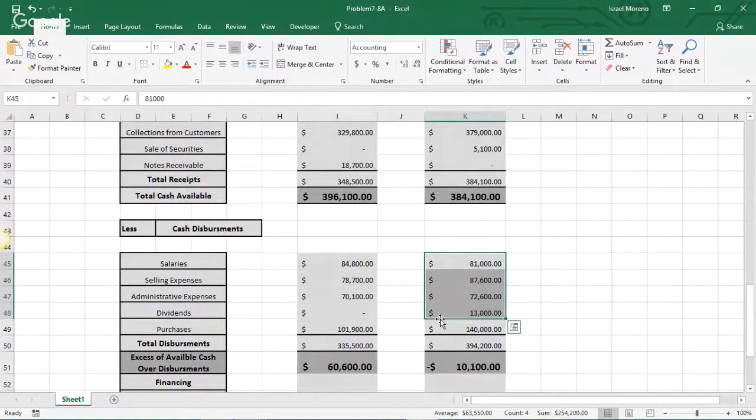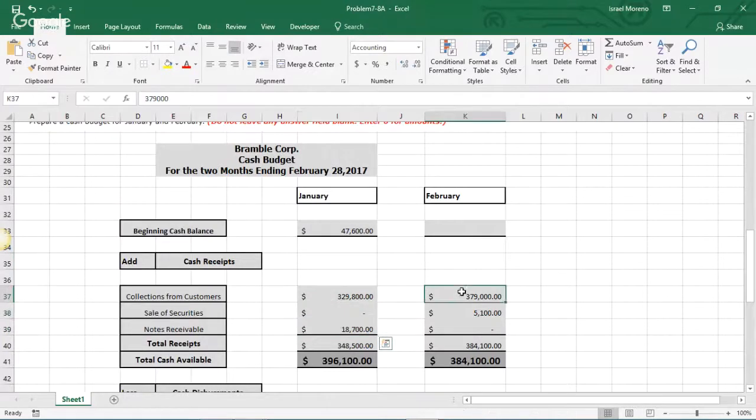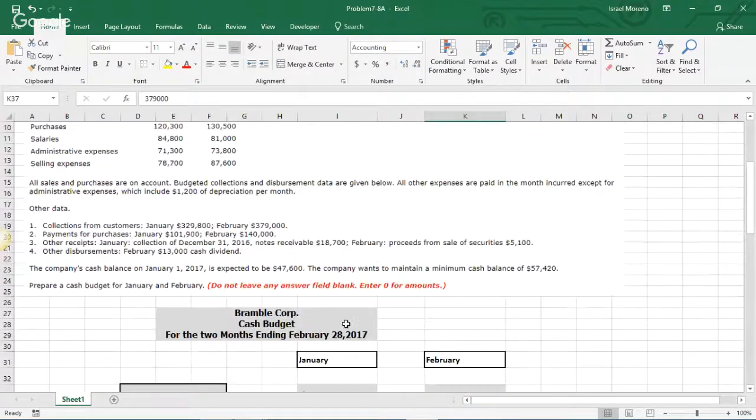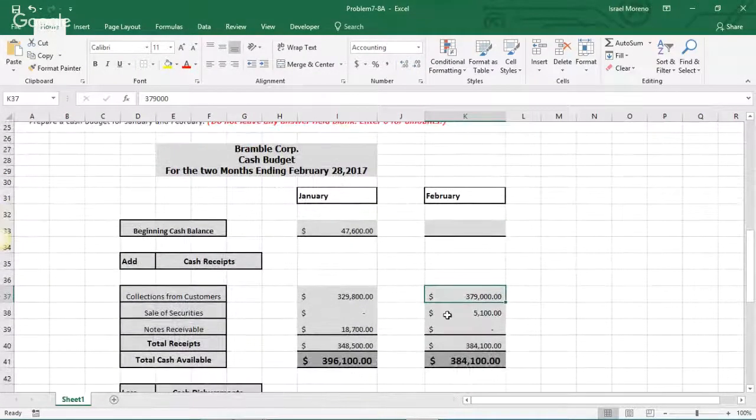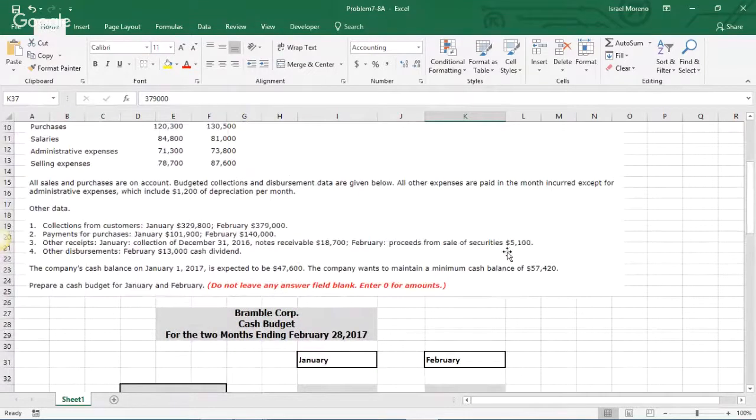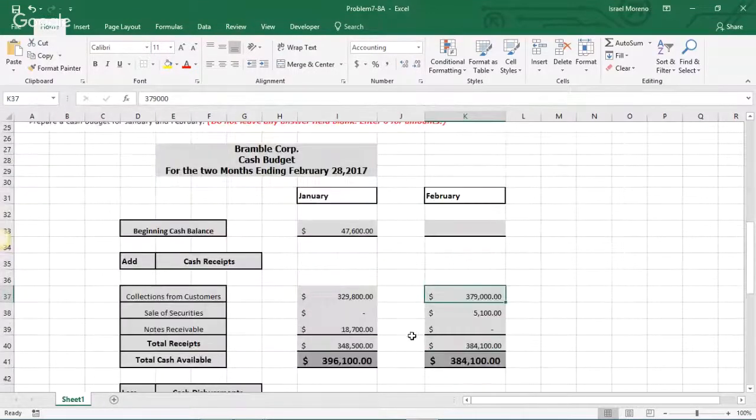So we have the collections from customers for January and February. We got them from number 1. Sale of securities for February, which is 5,100. We got it from number 3. And in here, since the sale was only in February and not in January, you need to put a 0 in there.